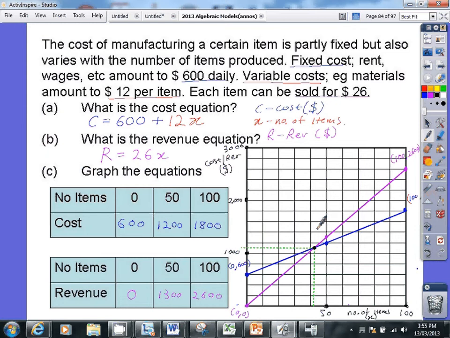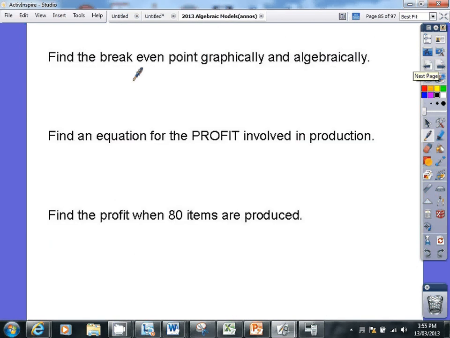So graphically, we've got 42 and 1,100. That was our graphical answer by the graph. So 42 and 1,100 graphically.